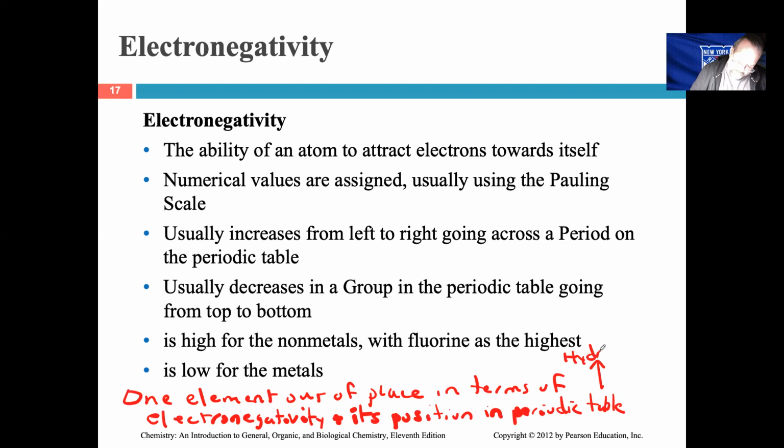That element is hydrogen. Because as we know, hydrogen is not a metal, even though it's usually a part of group 1A. Hydrogen is a non-metal. So in terms of electronegativity, it would belong with the rest of the non-metals. Specifically, it belongs right next to carbon.